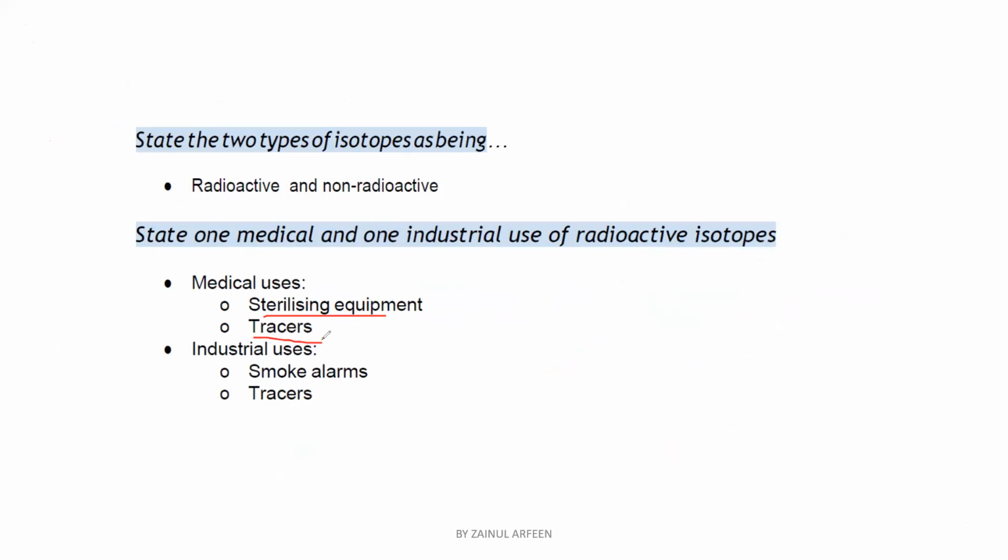And second, as a tracer. Tracer means if you want to identify any leakage or a blockage, mainly blockage in arteries, we use them and we call them a tracer. Industrial use, in industry we use them as a smoke alarm, and it is also used as a tracer to identify the blockage or the leakage in the pipes. You don't have to go into detail of these, you just have to learn the uses of the radioactive isotopes.